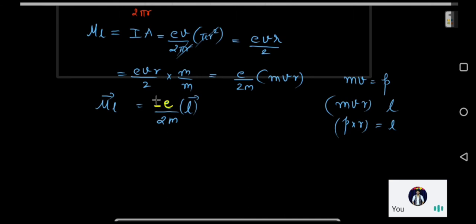If the magnetic dipole moment is pointing upwards, perpendicular to the coil, then the angular momentum is going to point opposite to the dipole moment, that is, downwards. So both are going to be in the opposite direction. If mu L is going perpendicular upwards, then L is going to point perpendicular downwards.